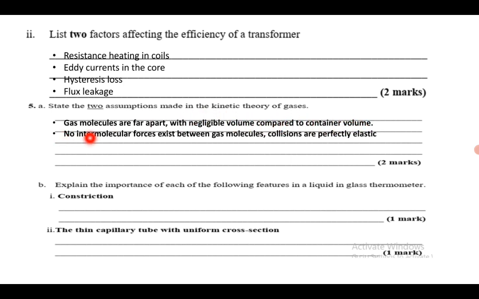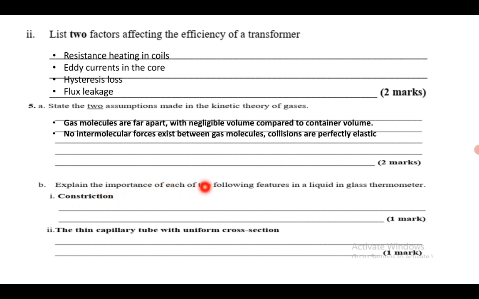Okay, so the particles are far apart, and also there are no intermolecular forces between the gas molecules, meaning that the gas molecules don't stick to each other, such that the collisions between the particles are perfectly elastic, meaning both their momentum and kinetic energy is conserved.